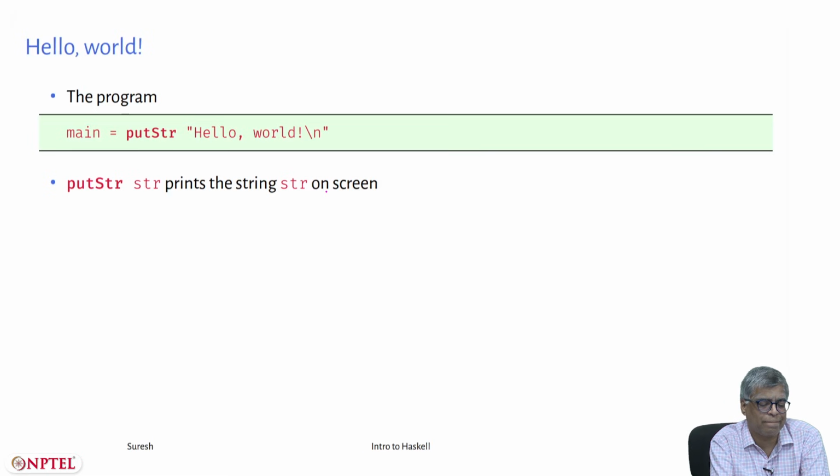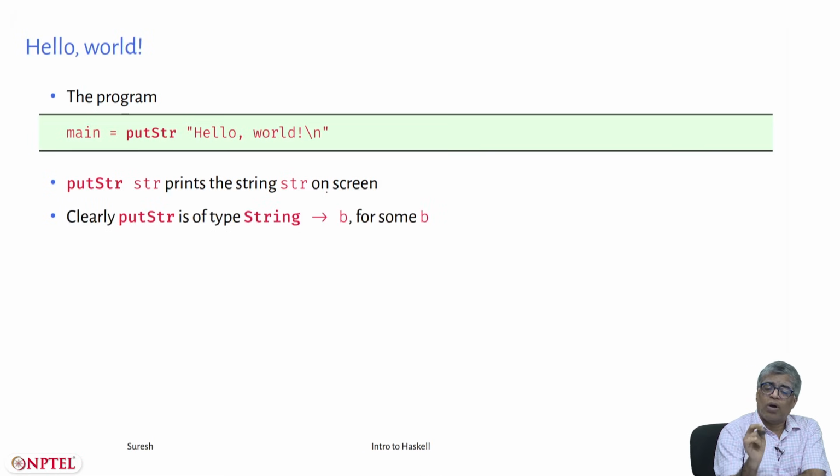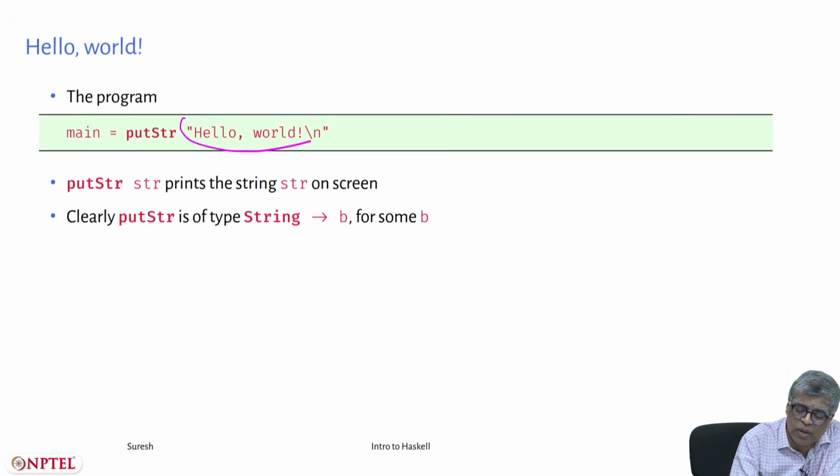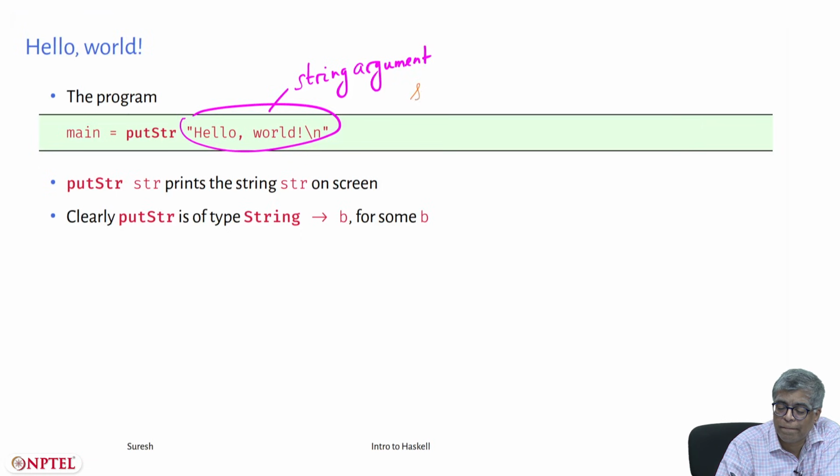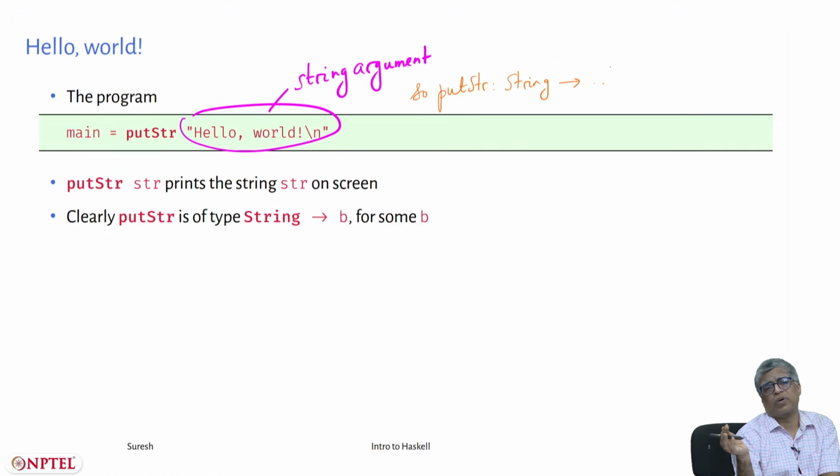Let's dig a little deeper into putStr. Clearly, putStr is of type String -> something, because it takes a string as argument. What is that something? Let's try to figure out.